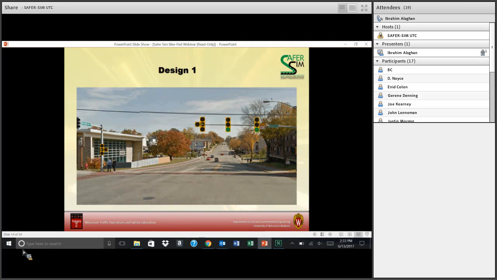The aim of the sign is to show that there is a pedestrian at this intersection. So if the pedestrian pushes this button, this traffic device will start activating.